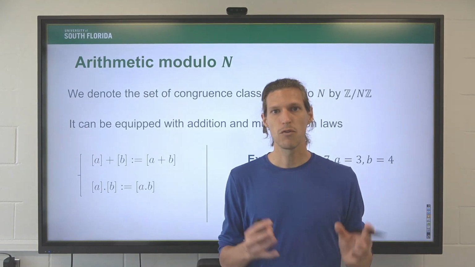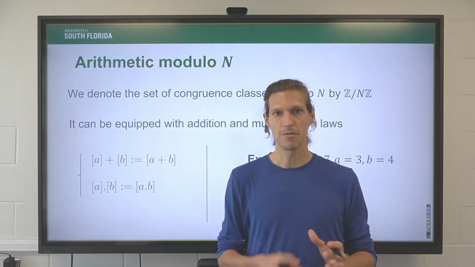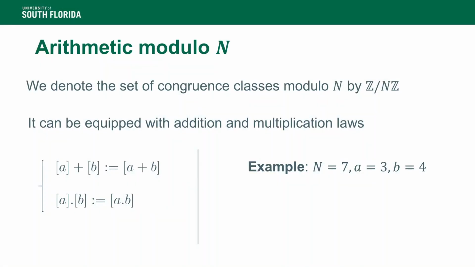In any case, we can perform arithmetic operations, and in particular addition and multiplication are very well defined as follows. We define the sum of two congruence classes by the congruence class of the sum of two of the representatives of the congruence classes that we have here. And likewise, we have the multiplication of congruence classes as the congruence class of the product of a representative of each of the congruence classes that we're trying to multiply.